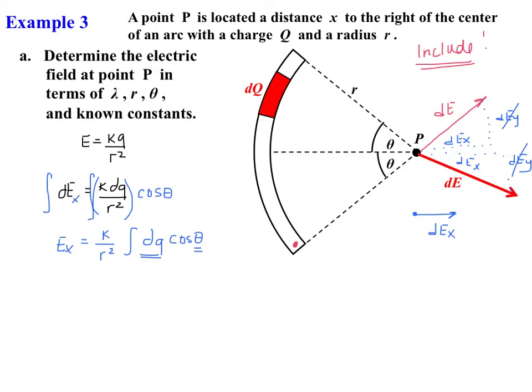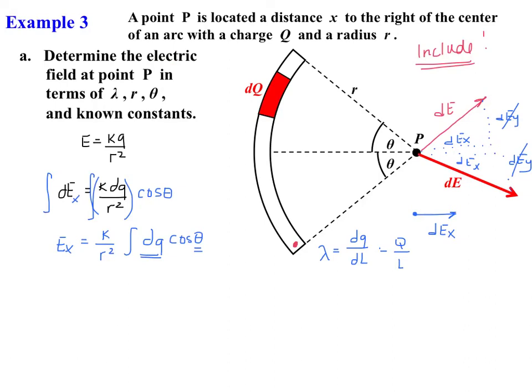What that means is we are actually going to be replacing dq with something else that we should know, which is our linear charge density, which tells us that our linear charge density is our charge q evenly distributed over the entire length of my arc. Again, it is simply a ratio of the charge per unit length.